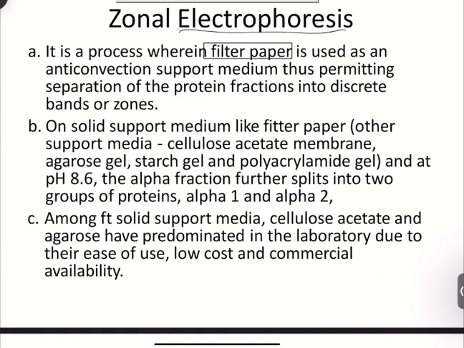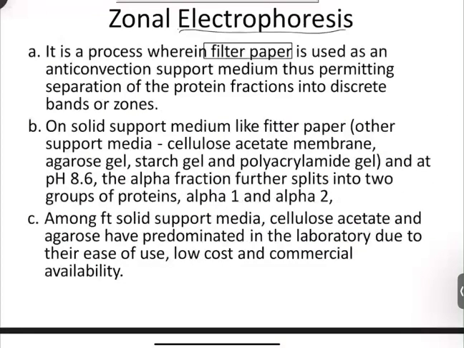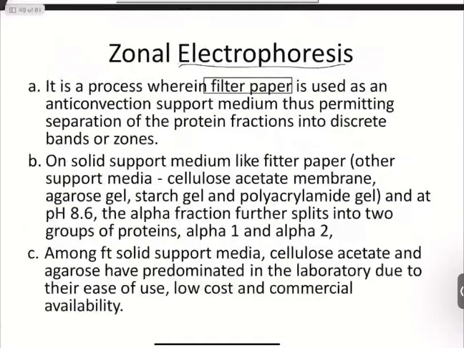Unlike your previous electrophoresis, it has gel. Okay. On solid support medium like filter paper, other support medium like cellulose acetate membrane, agarose, and at pH of 8.7, slightly alkali, the alpha fraction splits into group of proteins such as your alpha 1 and alpha 2.